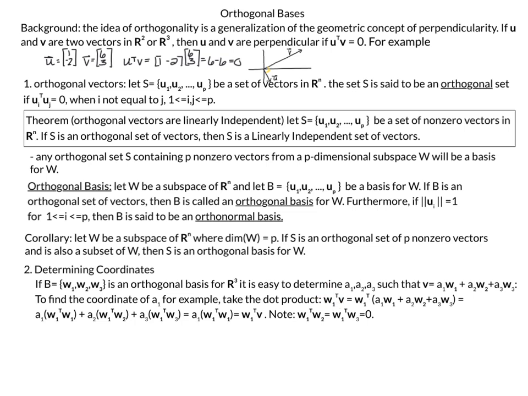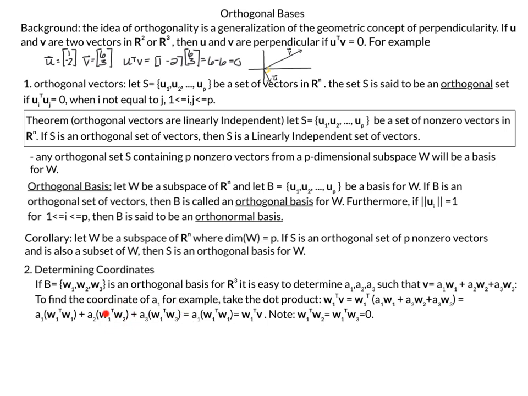So here I have w1 times v, and then w1 times the linear combination that equals v. If we rearrange some of the terms on the right-hand side of the equation, we have a1 times w1 transpose w1, a2 times w1 transpose w2, and a3 times w1 transpose w3.